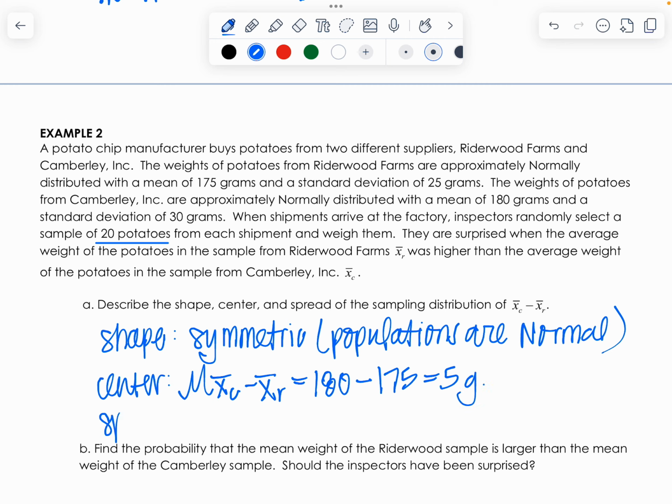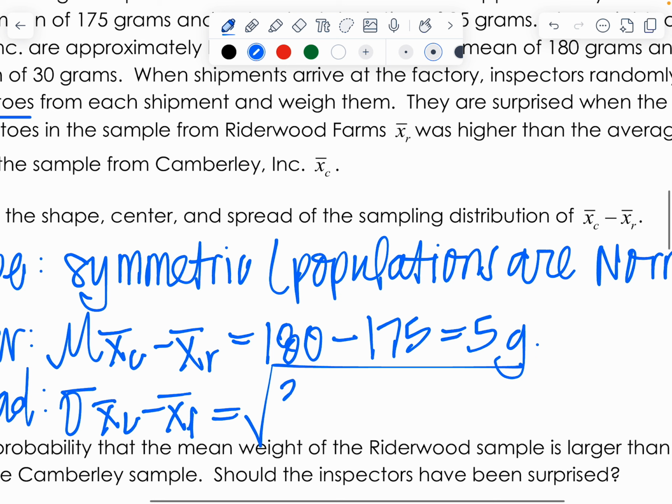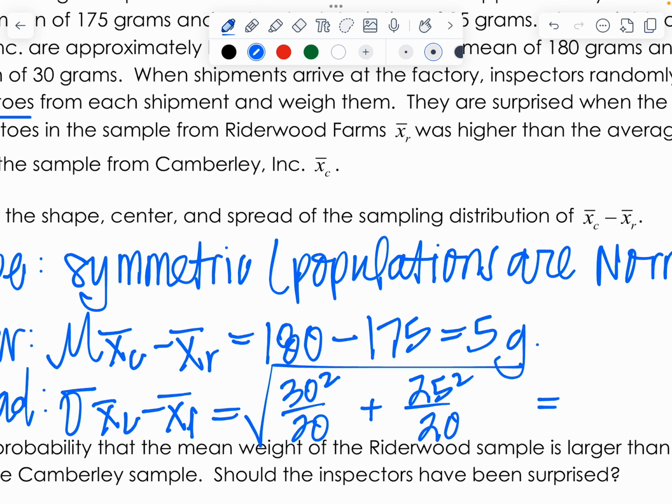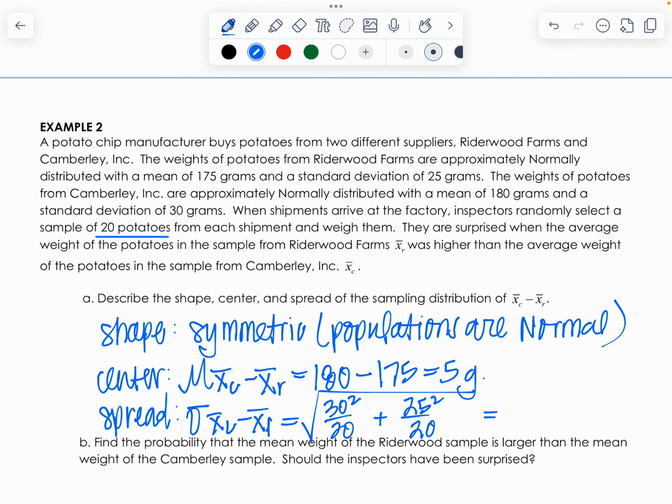And then the spread, we're going to use that population standard deviation for X bar C minus X bar R. It's the big square root of 30 squared over 20 plus 25 squared over 20, which is 8.73.